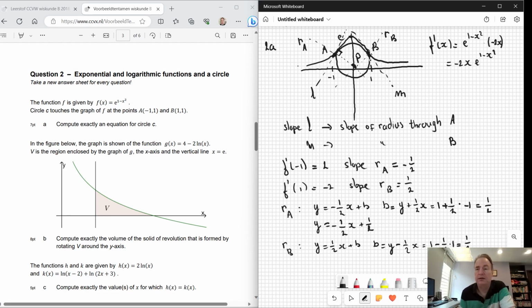So they actually intersect the y-axis in the same point. So actually that means that is the intersection. So you can immediately tell that the circle center has to be 0, 1/2. Oh, they have the same y-intercept. So the center P is actually 0 and 1/2.